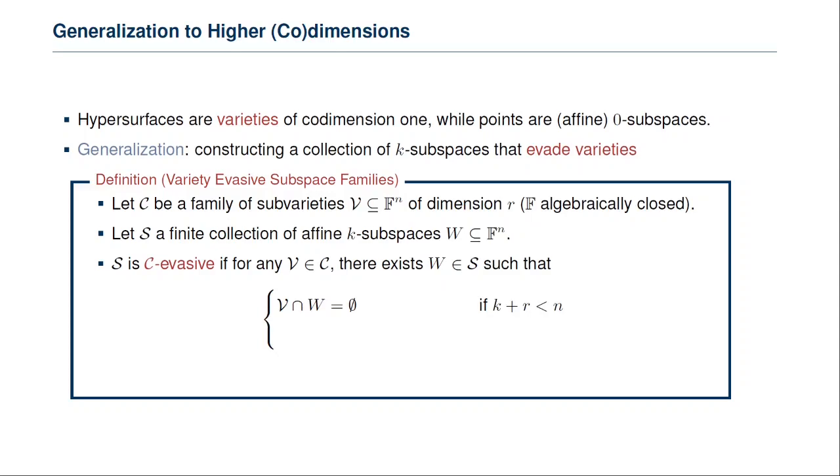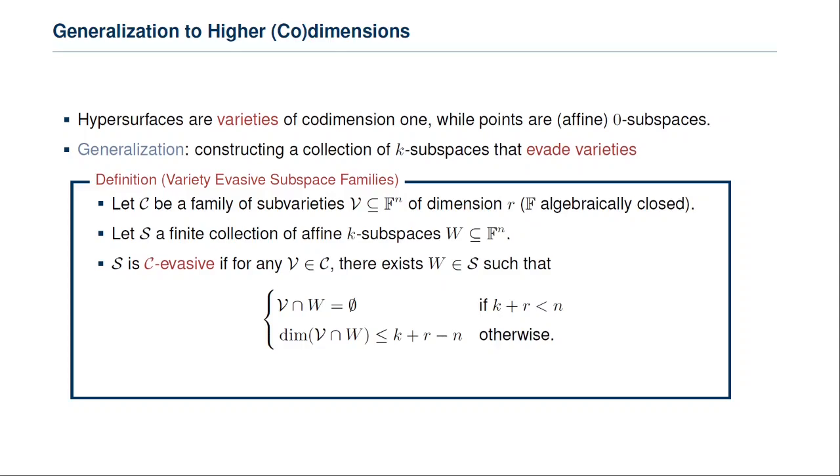If k plus r is less than n, then we want W to be disjoint from the variety V. And if k plus r is greater than or equal to n, then we want the dimension of the intersection of V and W to be bounded by k plus r minus n. And note that this condition is satisfied by a k-subspace W in general position.